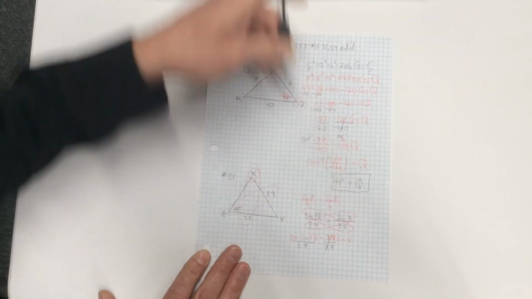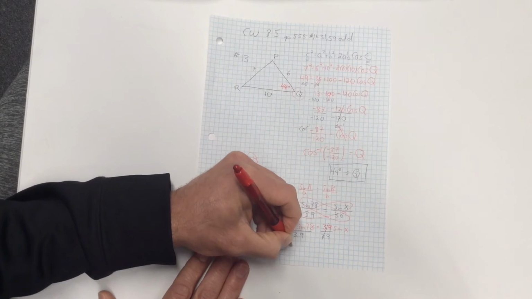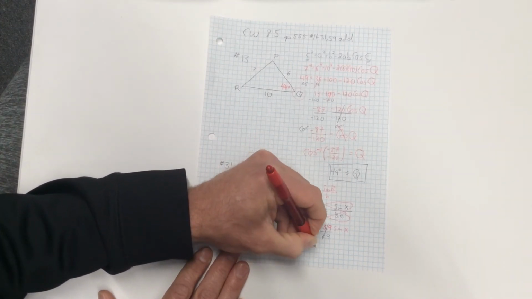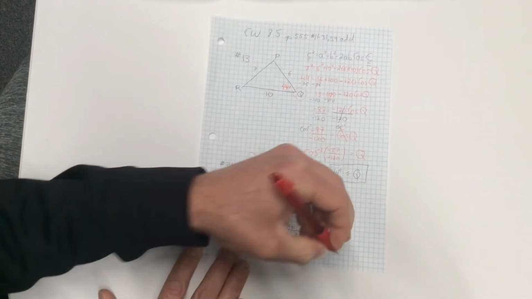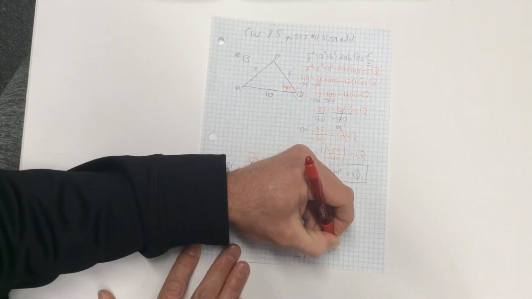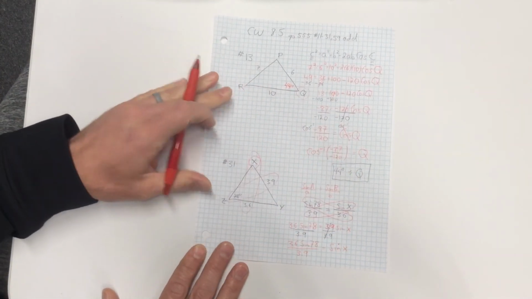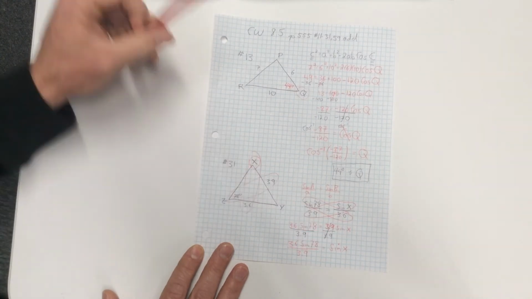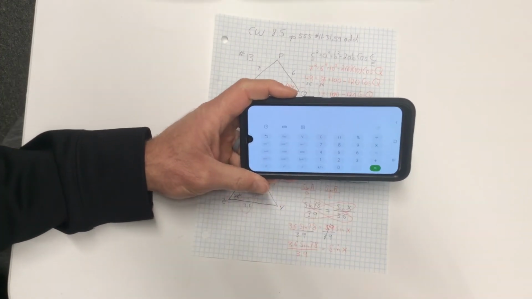Okay, so that cancels out. And so now I get 3.6 times sine 78 over 3.9 equals sine x. I'm going to run out of room, so I'm going to have to move over to here. But this is just a number. There's no variables here. I can put this in my calculator, and let's see what sine of x equals. You'll see that's not the end of the problem, but we're just about there.